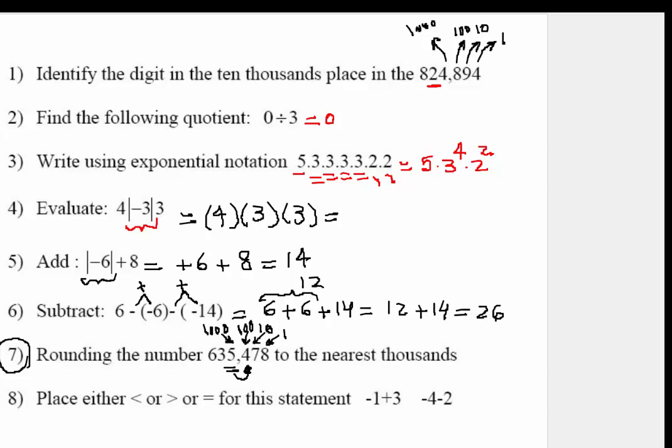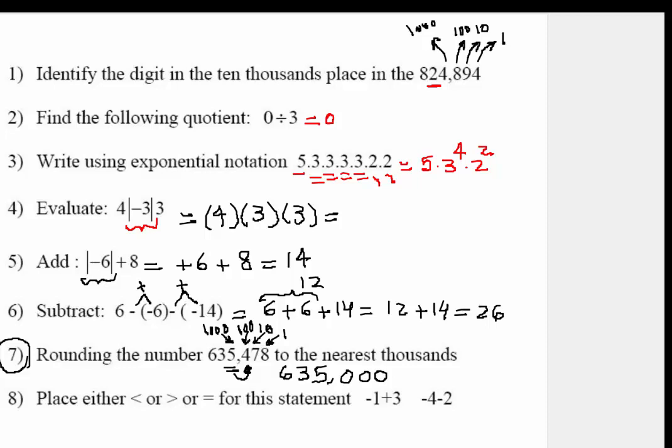If instead of 4 I had 5 or higher, then I would add 1 to the thousands digit, so this would become 634,000. Since the number next to the thousands digit, which is 4, is less than 5, we don't add any number to the thousands digit, and we keep it as 635. And for the rest of the numbers, we have to replace it with 0.